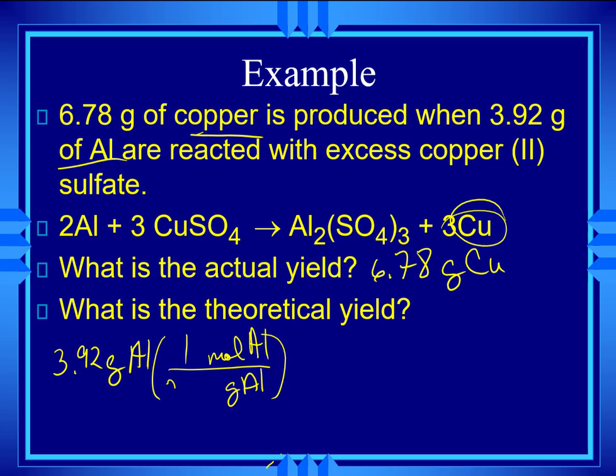So 1 mole of aluminum is 26.98 grams. Then change moles of aluminum to moles of a different chemical, and the chemical I want to choose is the one they told me about, copper. And the number in front of copper is 3, the number in front of Al is 2.